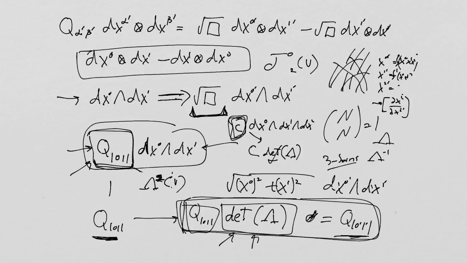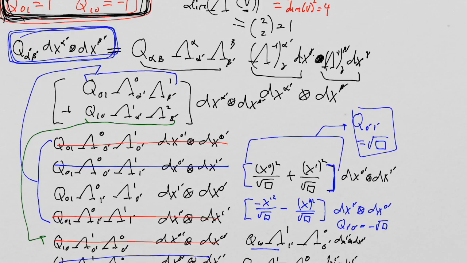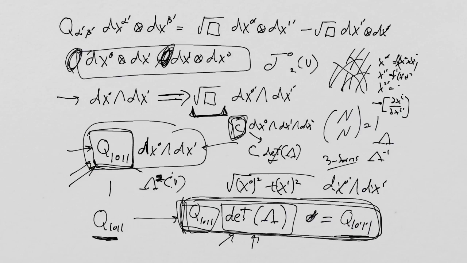But the transformation rule of the single component is this transformation rule, whereas the transformation rule of the two components here, this one and this one, obeys this transformation rule. But in some sense, everything is the same. It's just a matter of what basis we choose.